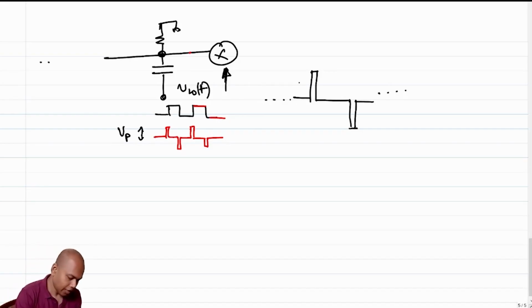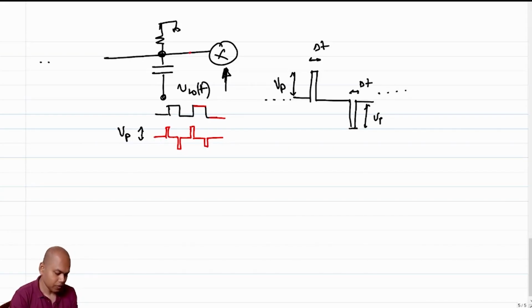So the height of the leakage tone is Vp, and let's say the leakage happens for a small amount of time delta T. This is Vp. The leakage happens for a small amount of time delta T. What is the strength of the tone at omega LO? How do I find out?